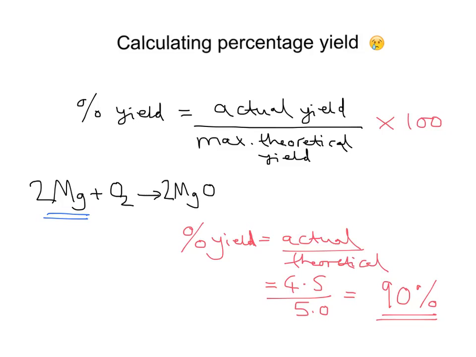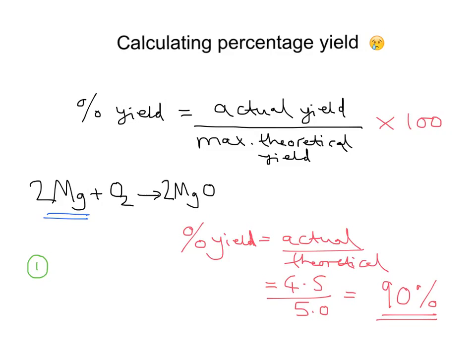Now, there's many reasons why you may not get 100% of what you expect. And there are three key reasons why you may not get what you're wanting 100%. Now, the first key reason is that some product might get left behind when you separate it from a reaction mixture, such as maybe filter paper.